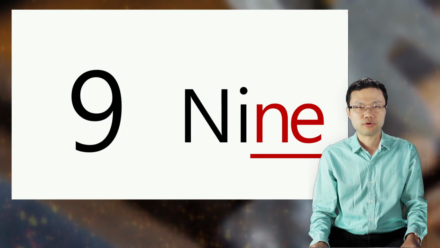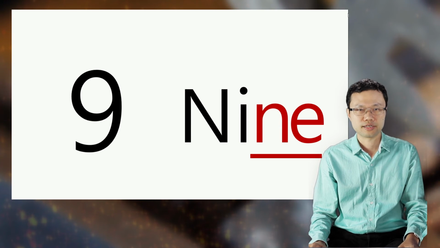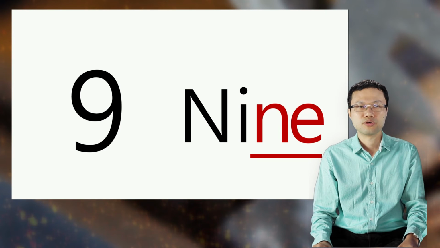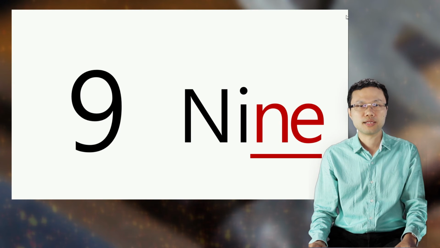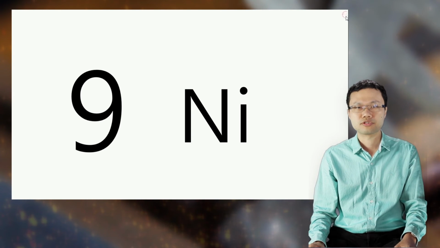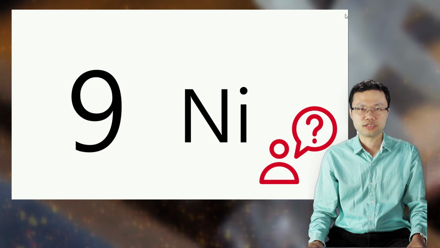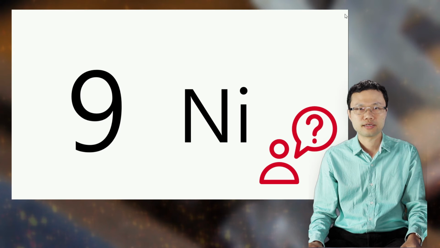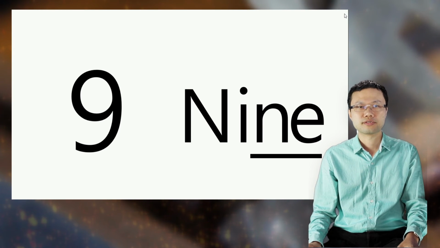Another numeric symbol that requires particular attention is 9. Usually, Taiwanese people skip the consonant "n" at the end of the word and pronounce "nai." But this is incorrect. We should pronounce all the vowel and the consonant: "nine." We should not skip the "n" sound at the end.